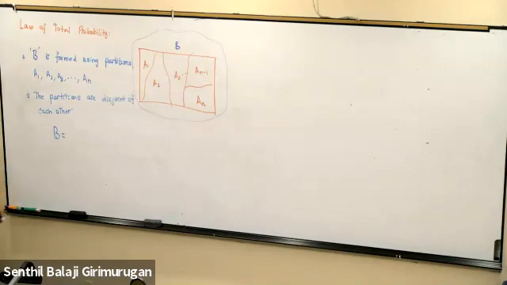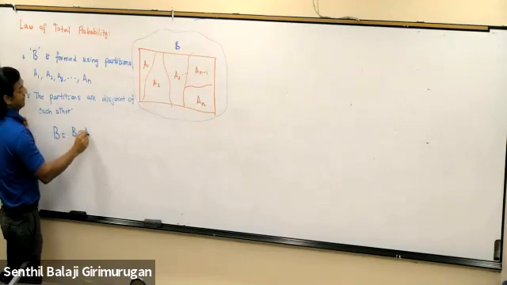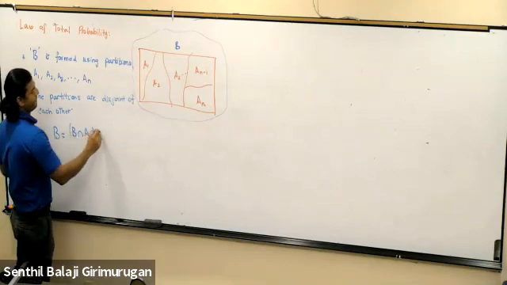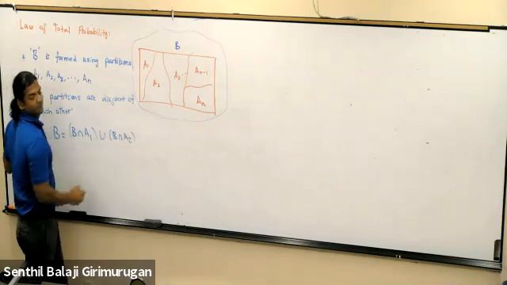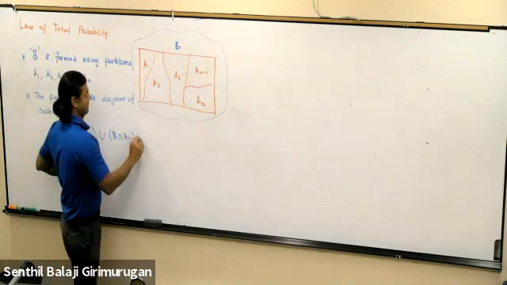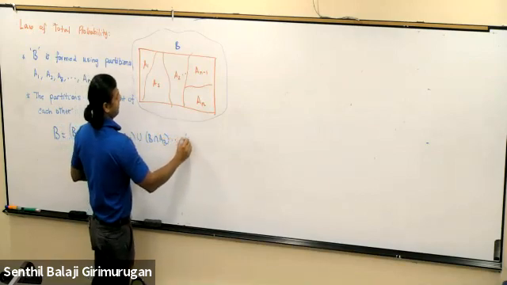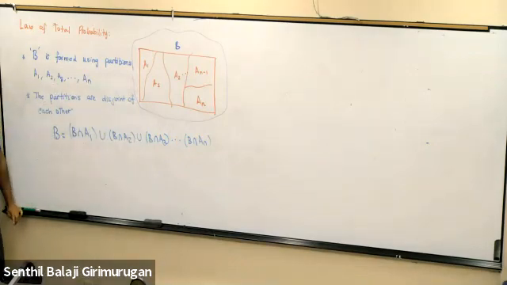So I could write it as B intersect A1, union B intersect A2, union B intersect A3, all the way up to B intersect AN. Right?